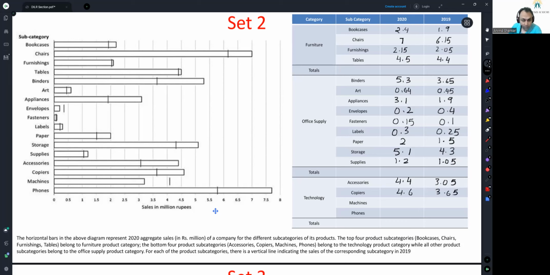Machines is the second instance where revenue has fallen. So in 2020, it is 3.2, but in 2019, it was 4.1.